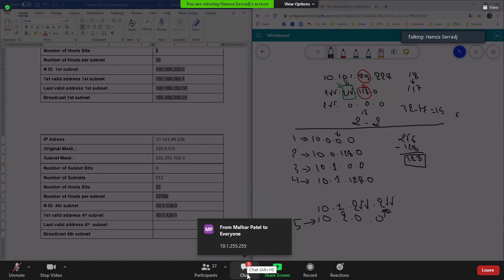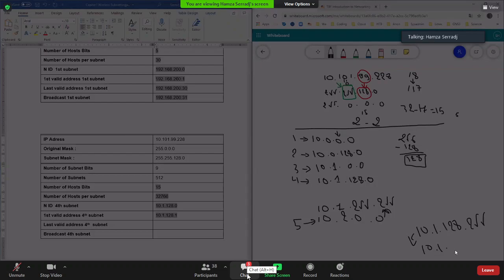If I take this one, why are you guys saying 128 here? The address after this one is 10.1.129.0. This is the address after this one.